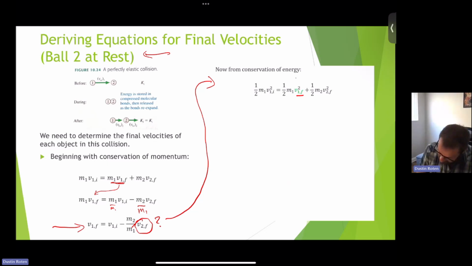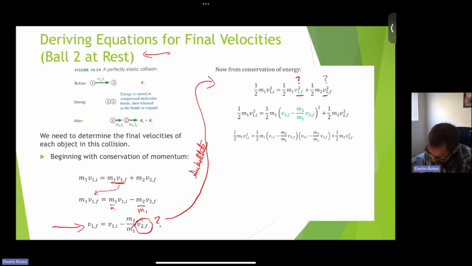So I don't know this in my equation, and I don't know this in my equation. The whole idea here is that we have two unknowns, so let's substitute one equation into the other. That's going to get rid of these two unknowns.